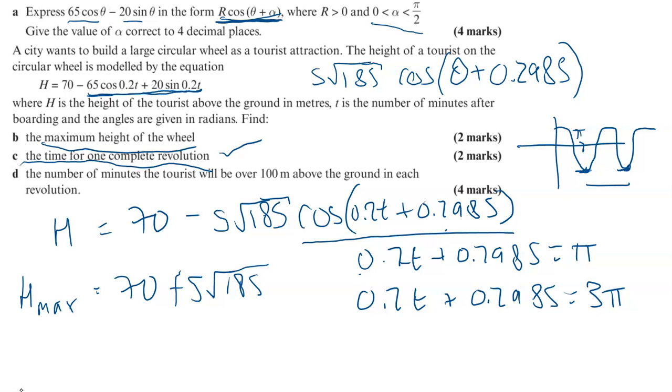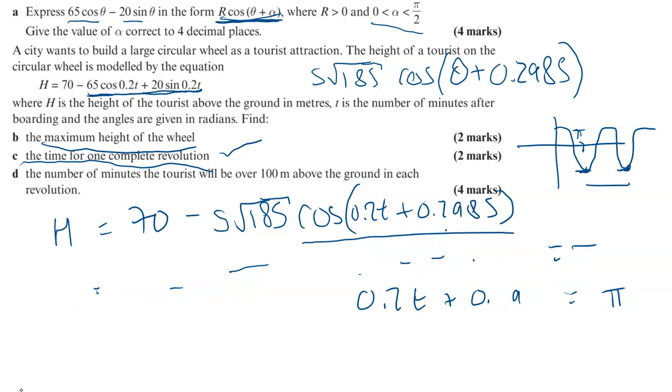And then finally, part D, the number of minutes the tourist will be over 100 meters above the ground in each revolution. Right, okay, well, yes, that should be okay as well, because we've got it written in this form. So we'll just get rid of all this, just to give us a bit of space on the screen.